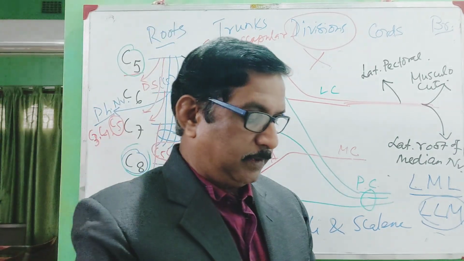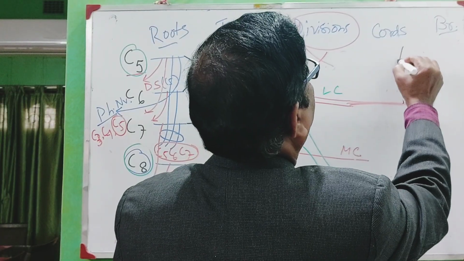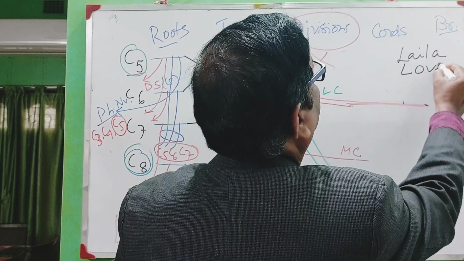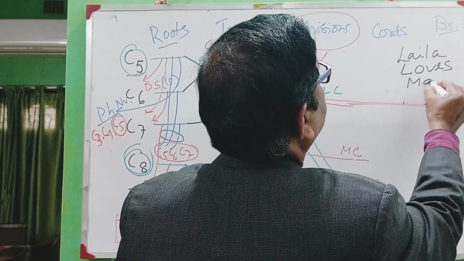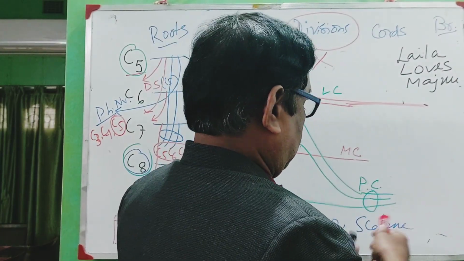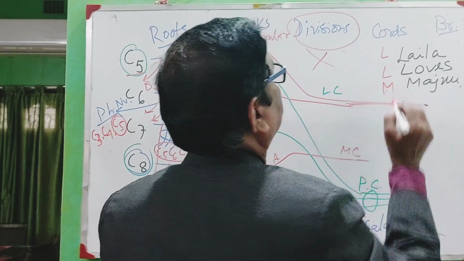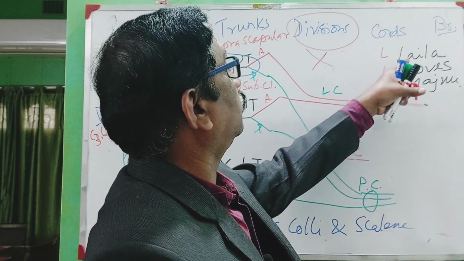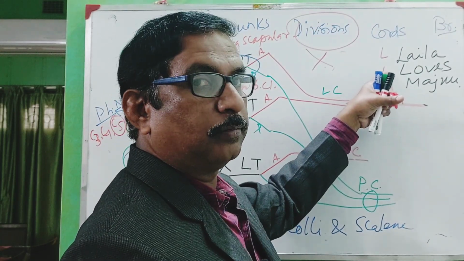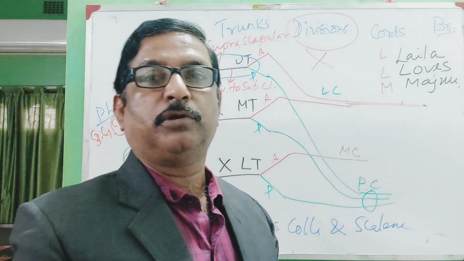Or in other way also you can remember. Laila loves Majnu. You see the first letter of these three words, L, L, M. L for lateral pectoral, this L for lateral root of median nerve, and this M for musculocutaneous nerve.